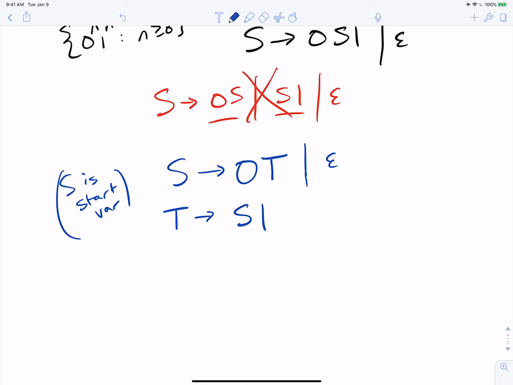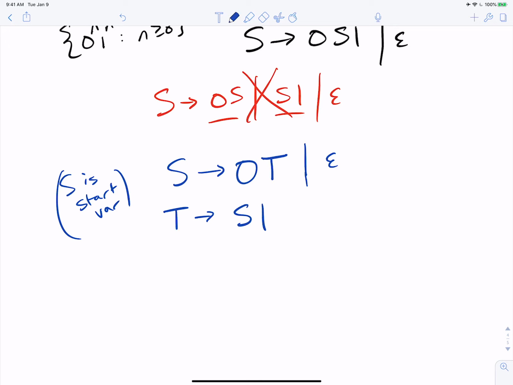If I generate a 0 here, I have to go to the T variable, but the only rule for T goes to S and produces a 1 at the end. So every time I produce a 0, at some point later I'm going to produce a 1, whereas before there was no necessary correlation between the two. Then we go back up to the S variable and do it again.